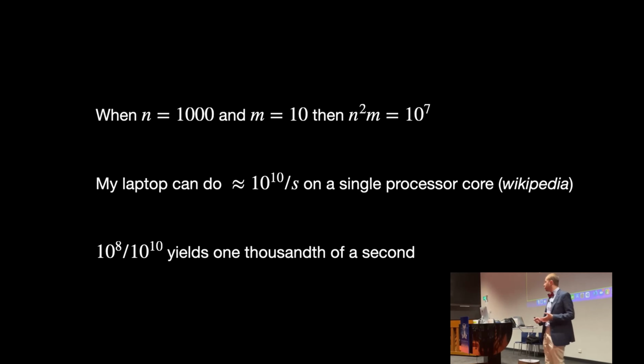My laptop can do about 10 to the 10 instructions per second. So you take these two numbers. The reason I'm doing 10 to the 8 there is because we know each comparison takes 10 instructions. So 10 to the 8 over 10 to the 10 yields 1,000th of a second. And if we were to check this in the terminal, you'd see that this calculation actually gives us the correct answer.